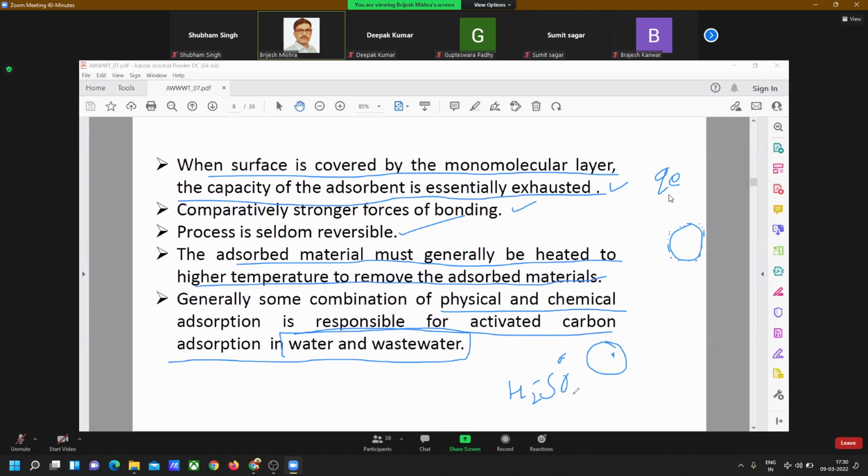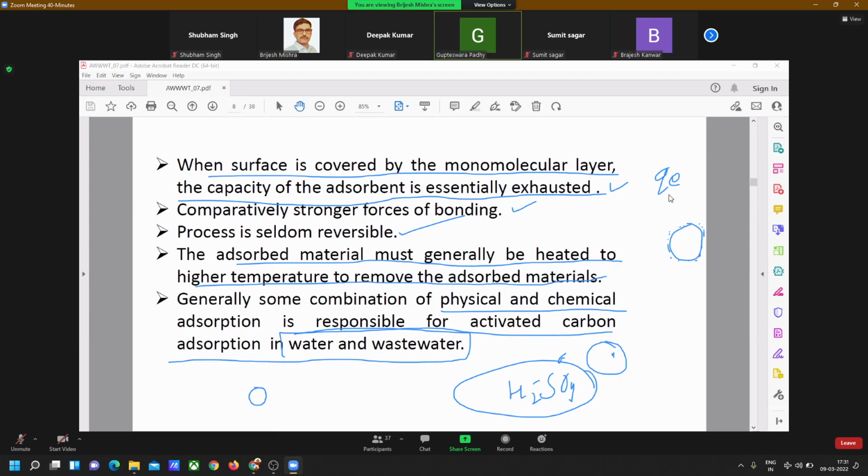What will happen if you are going to soak your activated carbon in H2SO4? What is going to happen? Tell me.